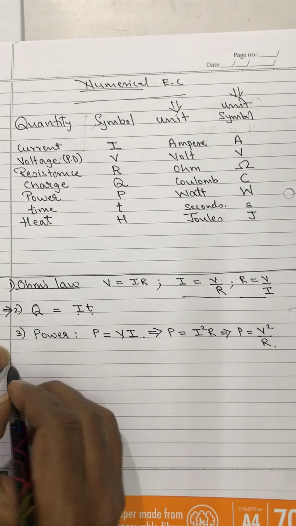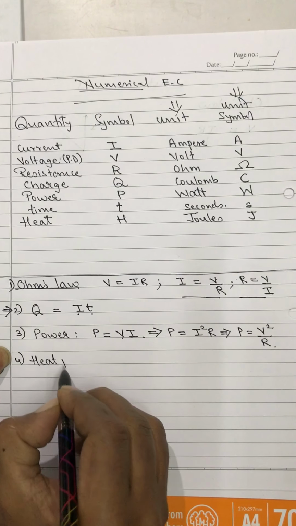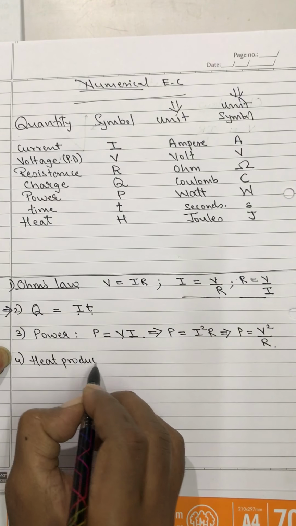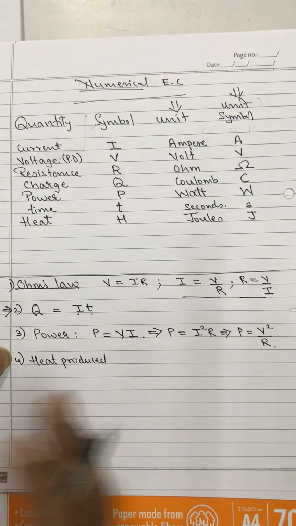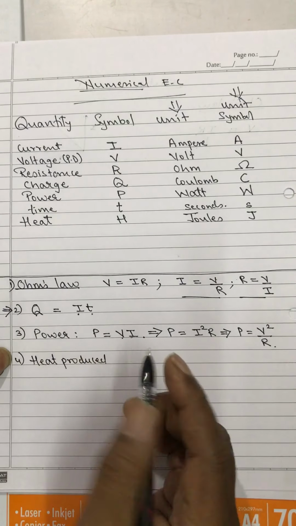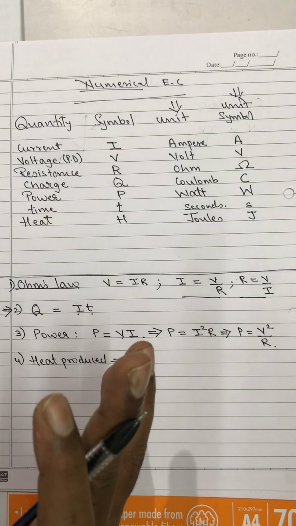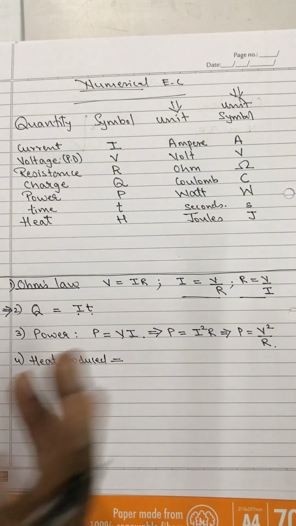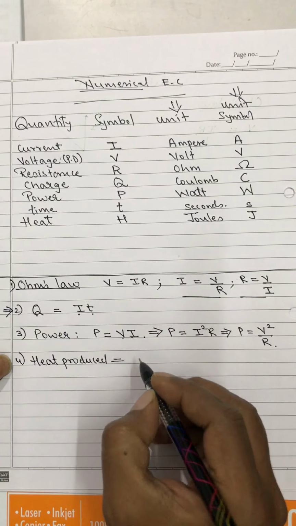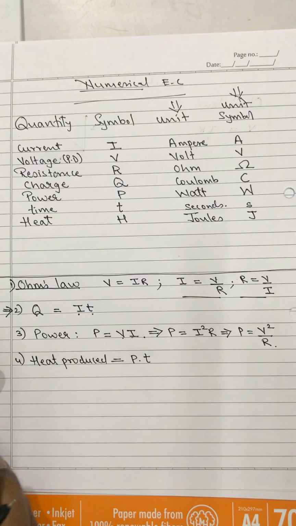This is power, and then we have heat produced. There are two questions, heat produced and rate of heat. Rate of heat is different and heat produced is different. Heat produced is the total heat produced in that time. Here it is going to be power into time.